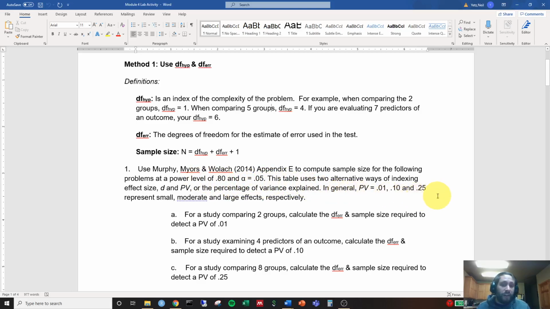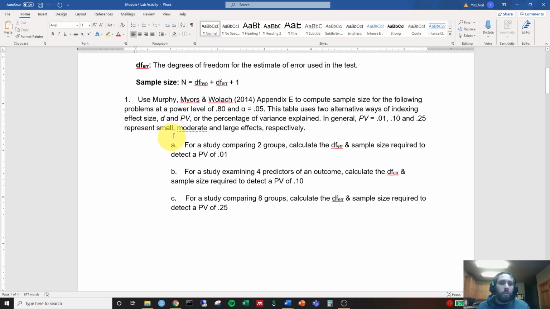Remember, this uses two alternate ways of indexing power via d and PV, or the percentage of variance explained. In general, a PV of 0.01, 0.10, and 0.25 represent small, moderate, and large effect sizes, respectively.